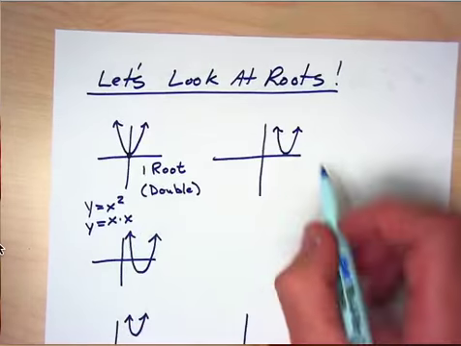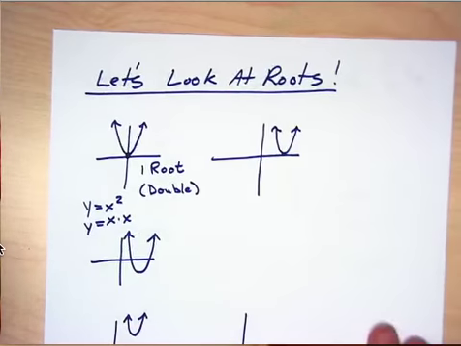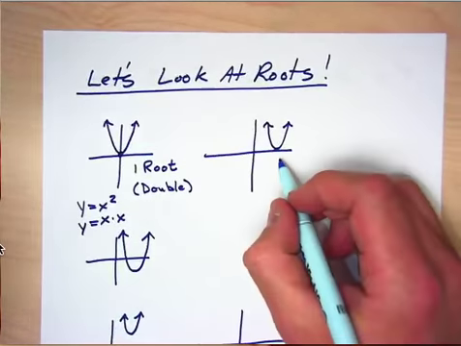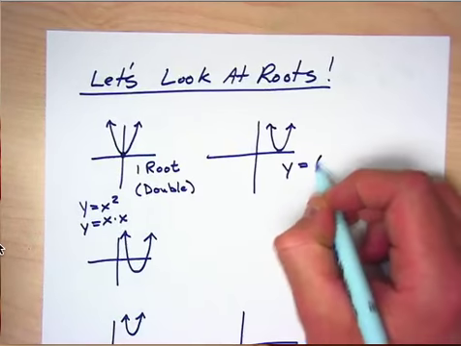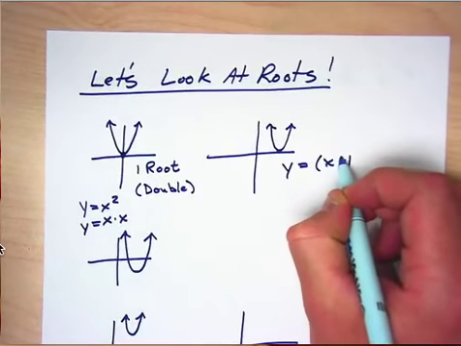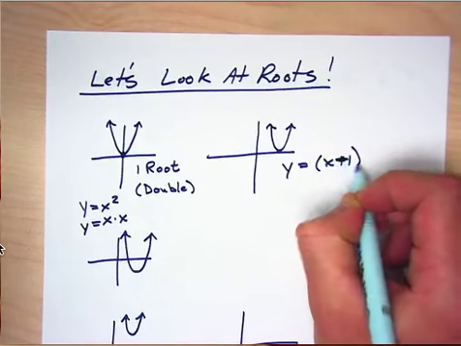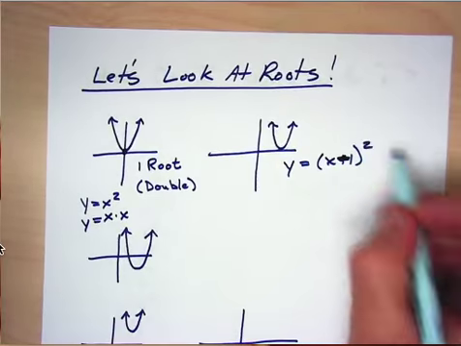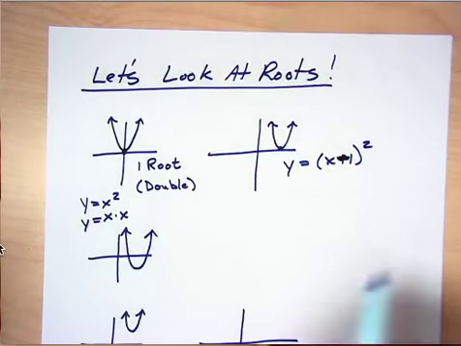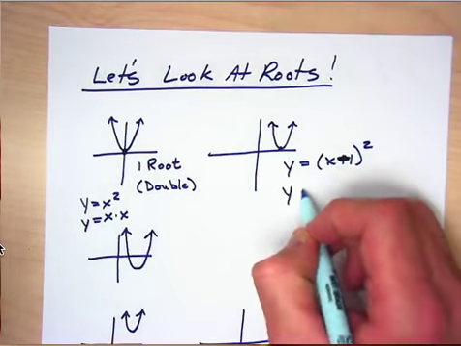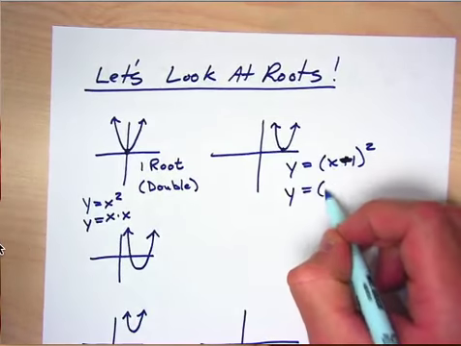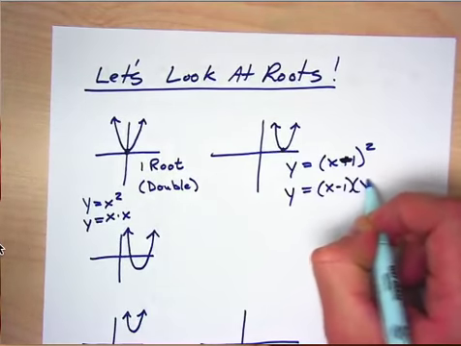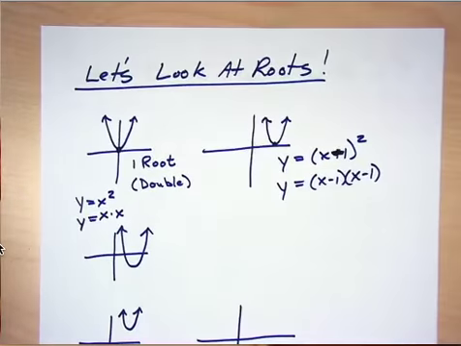To make better sense of that, here's another double root example. Let's make up something for this equation. This could be y equals x minus 1 squared. If you were to write it in another form, you could also make it look like this, y equals x minus 1 times x minus 1, which is the same as x minus 1 squared.